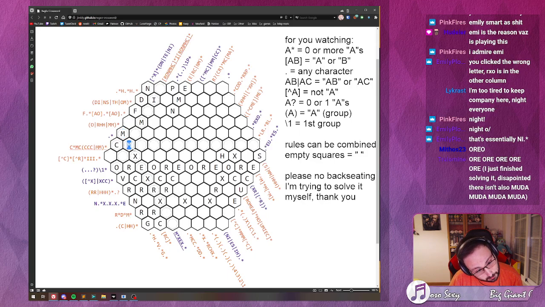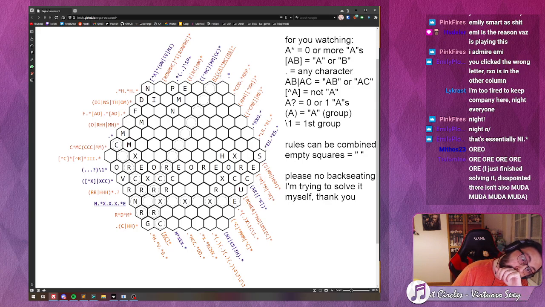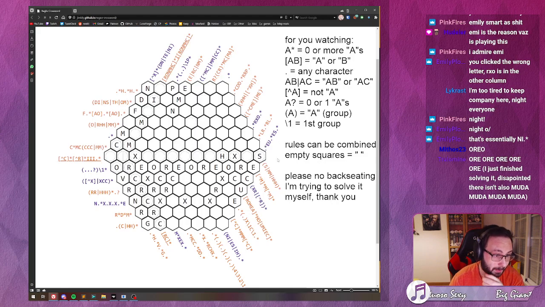I've placed the M's now. And I've placed the XX, so there's no restriction on this. This part's the C. What about this?